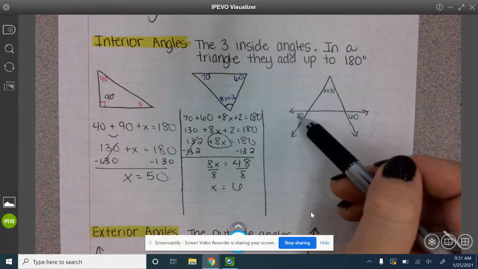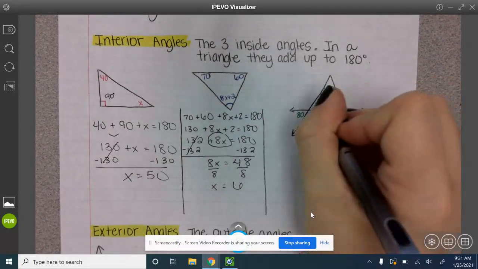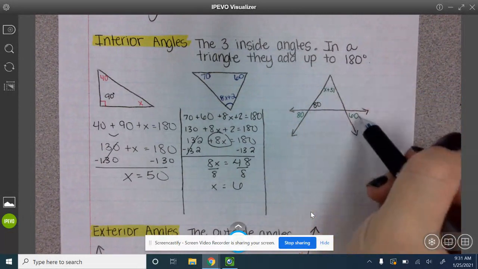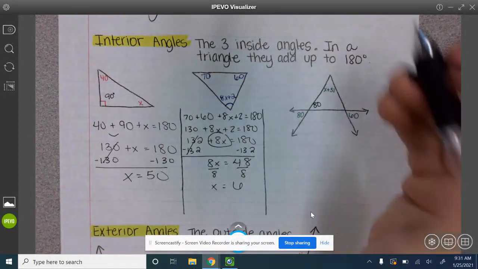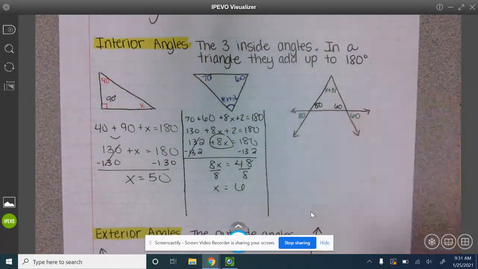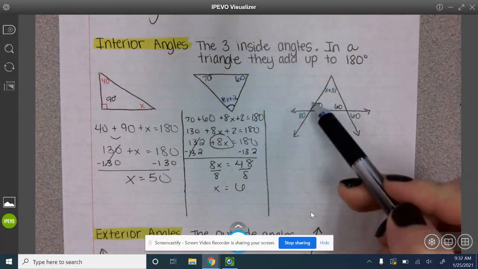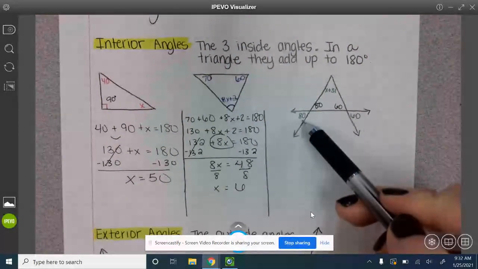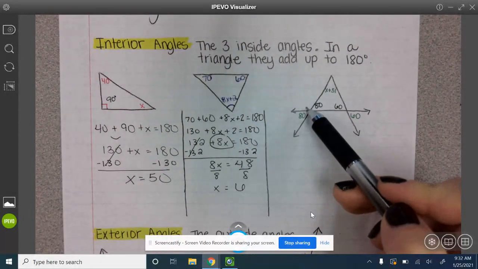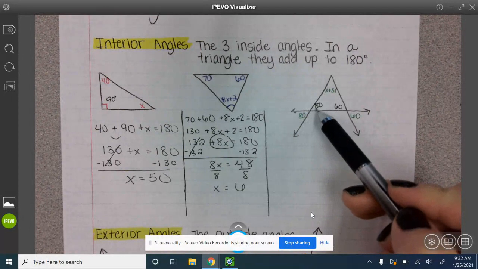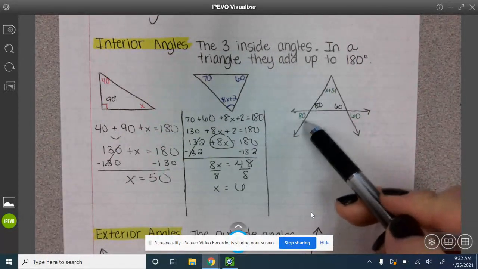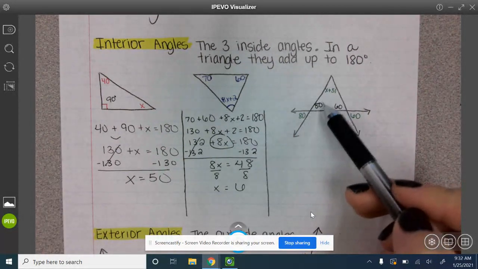So if this angle is 80, this angle right here is 80. This angle is 60, this angle right here is 60. Now, if that's hard for you to remember and you're better at saying that two angles make a straight line is 180, 80 plus 100 is 180, 100 plus 80 is 180. Or just think about it. If they're across from each other, they're the same.